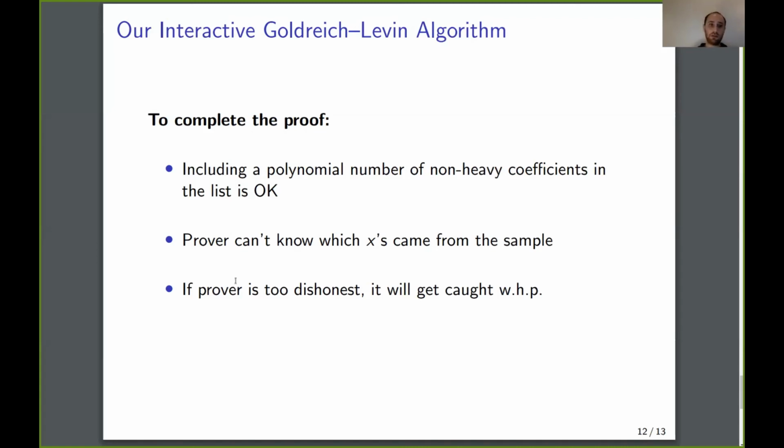And finally, you need to do some additional calculations to see that if the prover is dishonest, then it will get caught with high probability. What I mean by that is, if the prover, let's say, lies about only one evaluation, then it won't get caught with high probability. But we also don't care, because remember that what the verifier does is it queries the prover on A plus e, A plus e1, A plus e2, and so on.